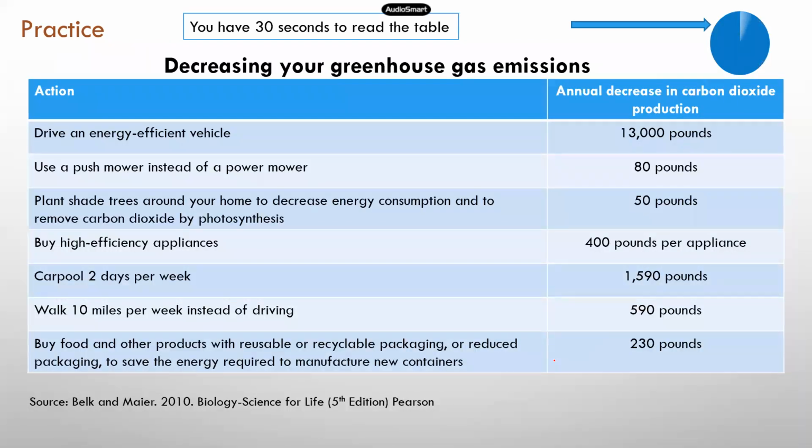Okay, now last question. This question is about greenhouse gas emissions. I don't want to tell you too much, so I'll give you about 30 seconds to read this table, and then we'll move on to questions.